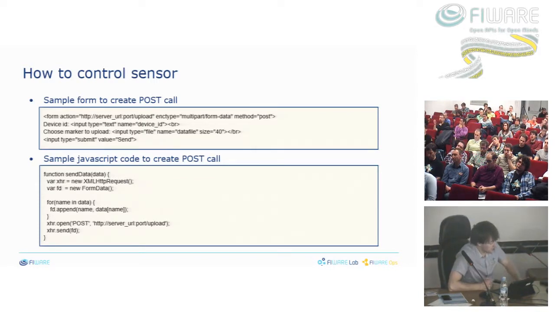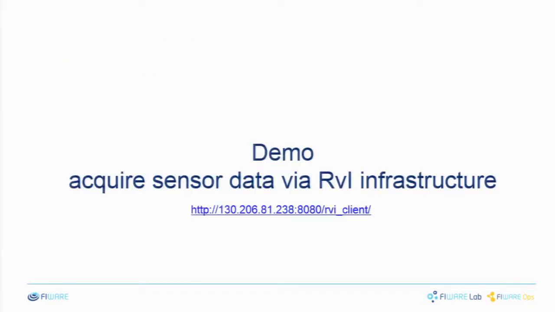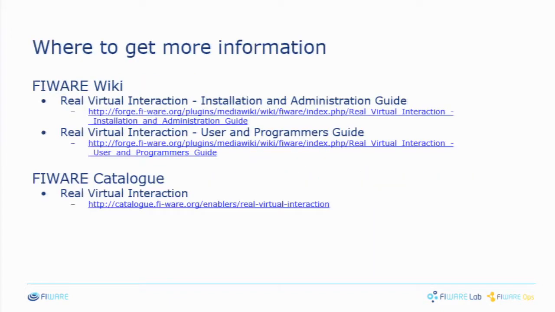Yeah, there's just a snippet of JavaScript code below to make the request to change a visualized marker on some display device. Well, we skipped this because we are already late, and yeah, where to get more information.